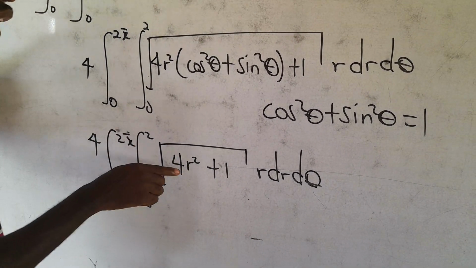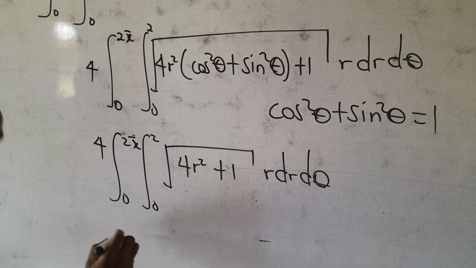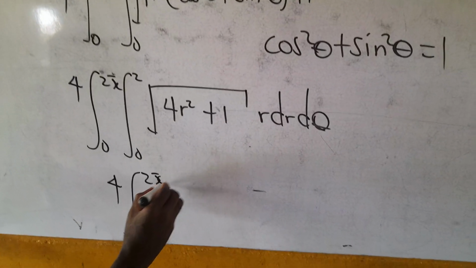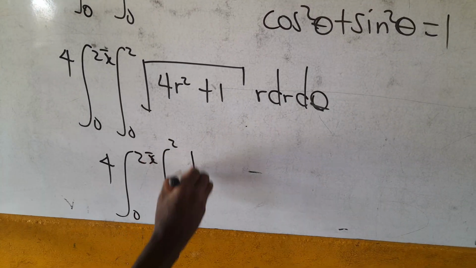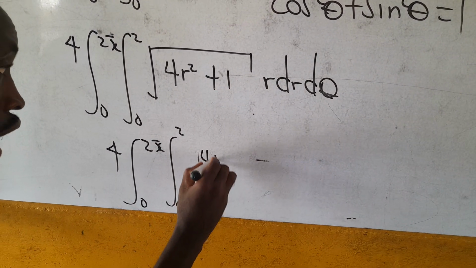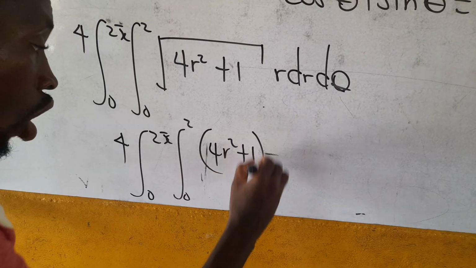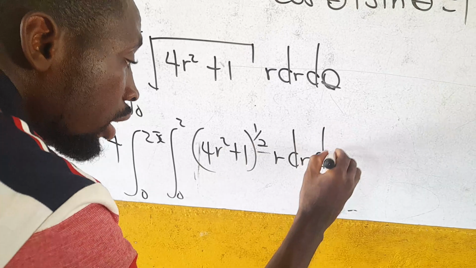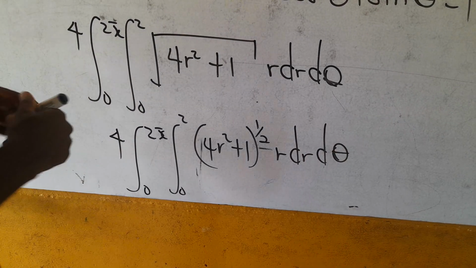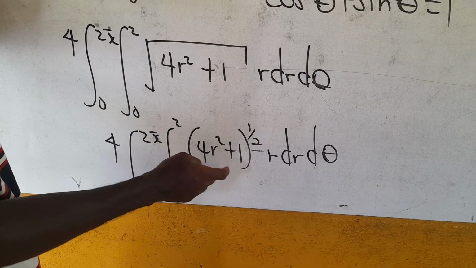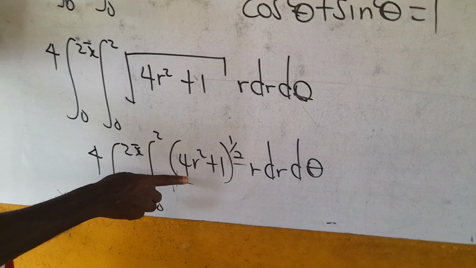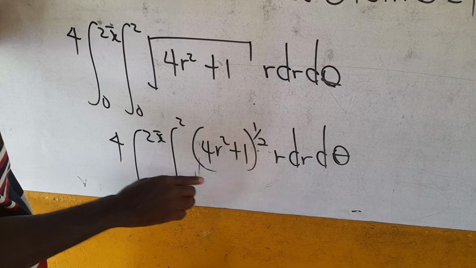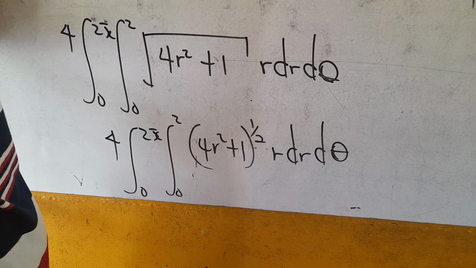But first of all, I can rewrite these integrals: the integral from 0 to 2 pi, and the integral from 0 to 2 of 4r squared plus 1, all exponent half, r dr d theta. Now, if I differentiate 4r squared, I'll get 8r. That means this r pops up. Then I will use integration by substitution to integrate with respect to r first.